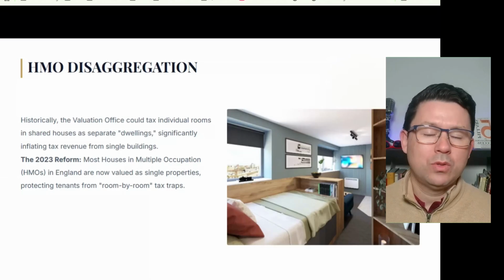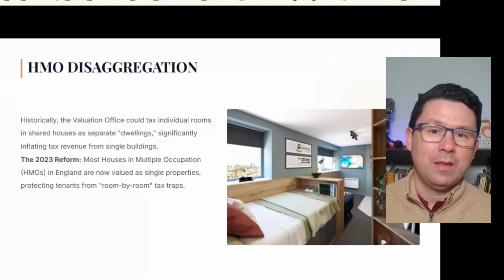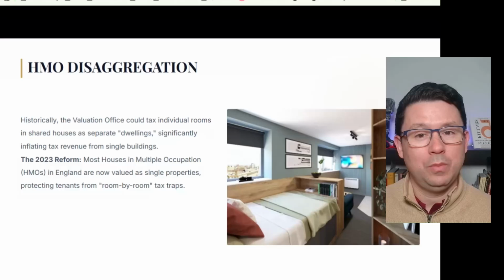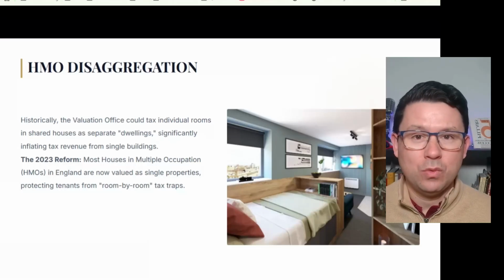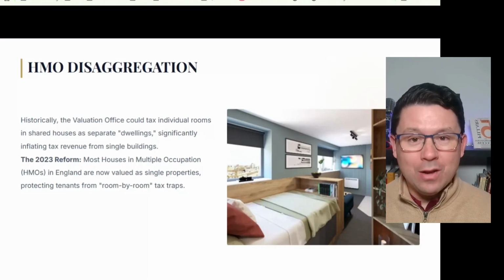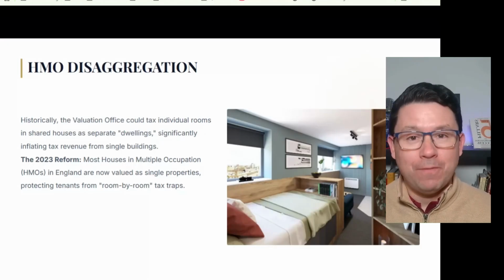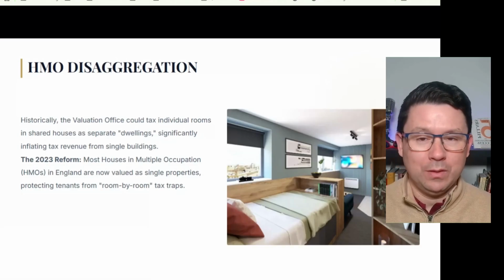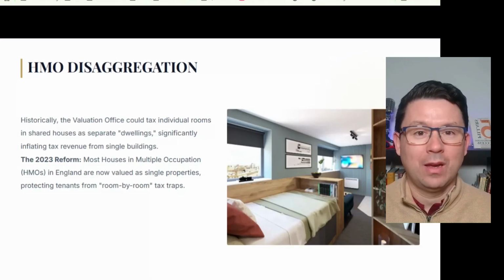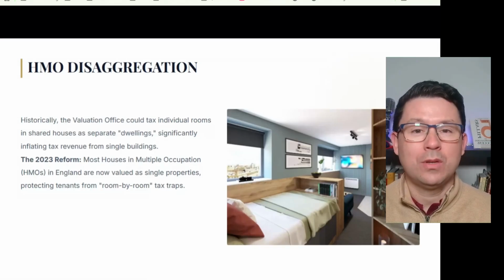And some colleagues of mine actually ended up owing 50, 60,000 pounds to the council because the charges were quite high. Now, fortunately, and this is when landlords getting together and fighting for our rights actually works, the government had to issue a clarification saying, no, councils cannot do that.